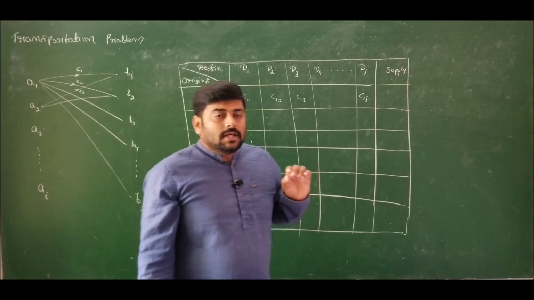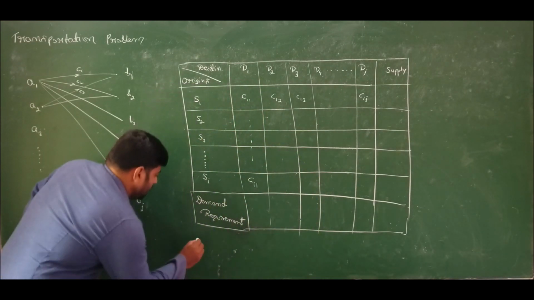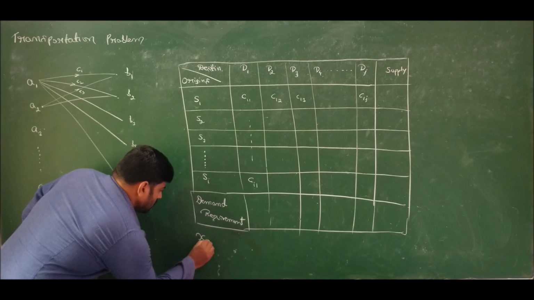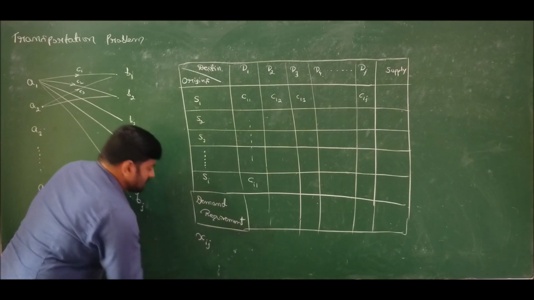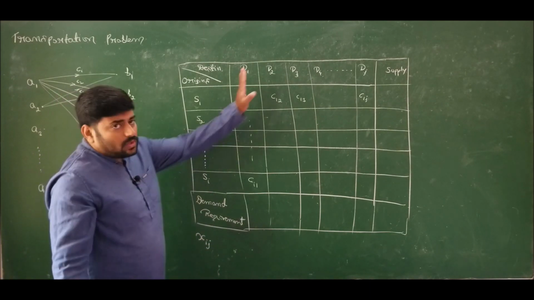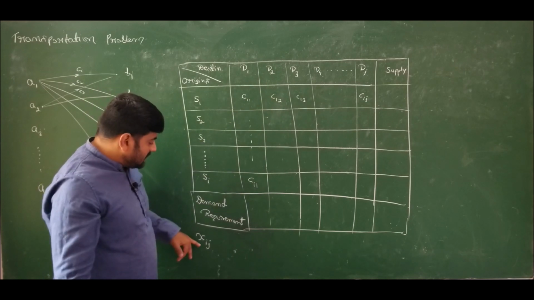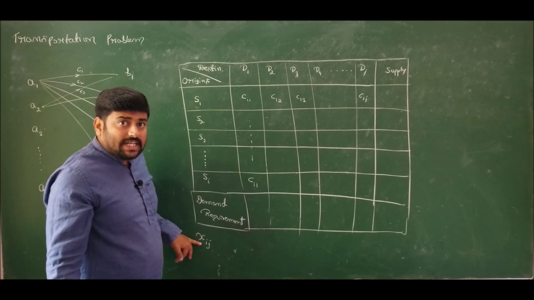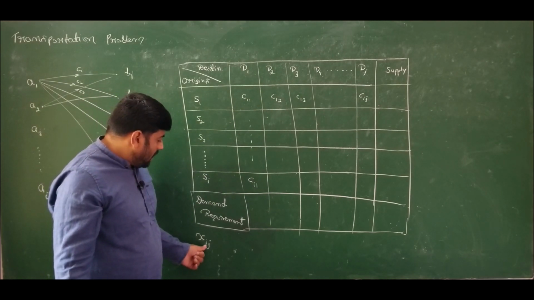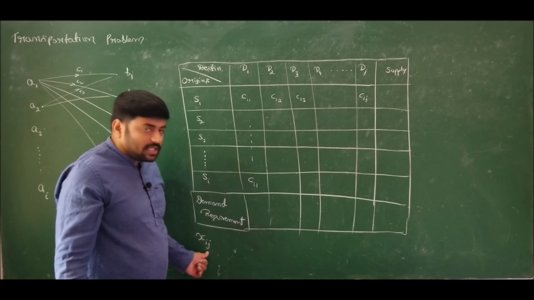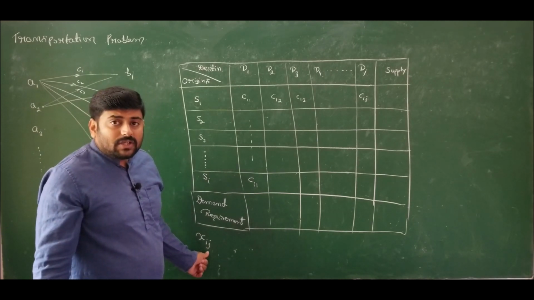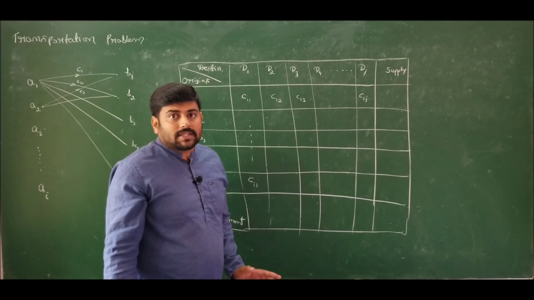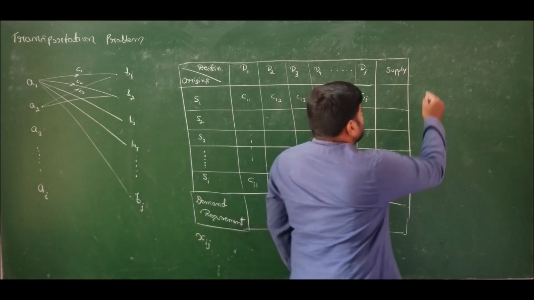Correct? Let us consider Xij be the unit commodity to be transported from source to destination. Let X be the unit commodity that needs to be transported from the ith origin to the jth destination. So our objective function is to minimize the transportation cost. So what will be the objective function?